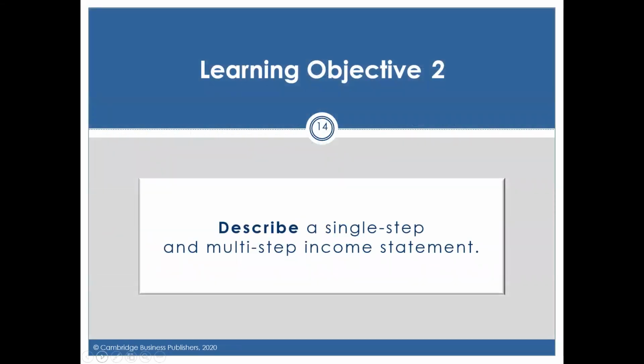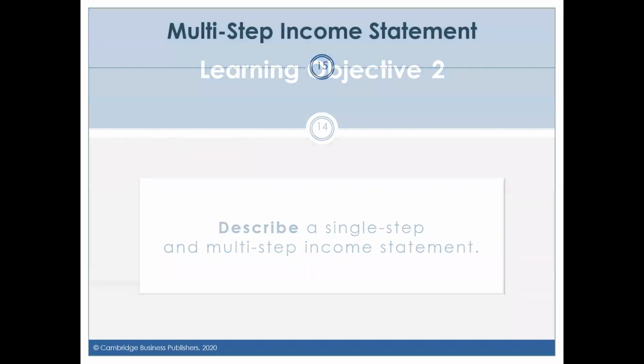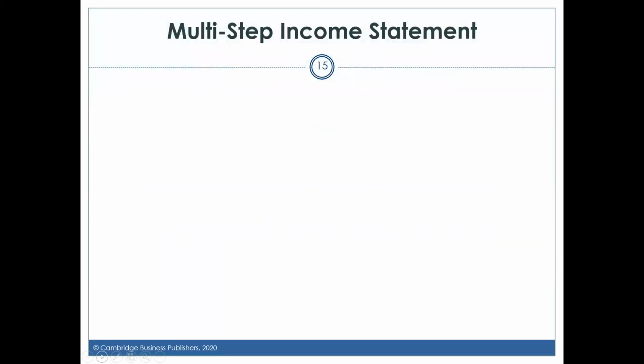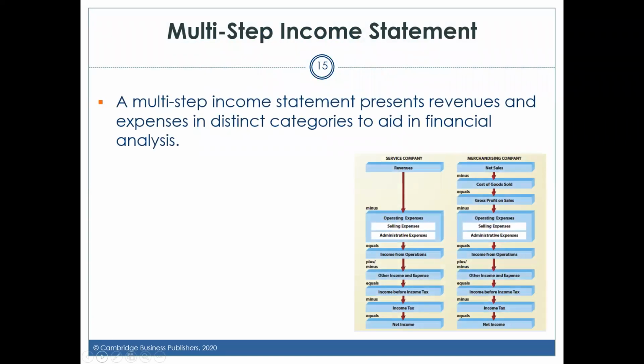Speaking of income statement, let's talk about income statement formats. There's two formats. There's the multi-step and there's the single step. So a multi-step income statement presents revenues and expenses in distinct categories to aid in financial analysis.